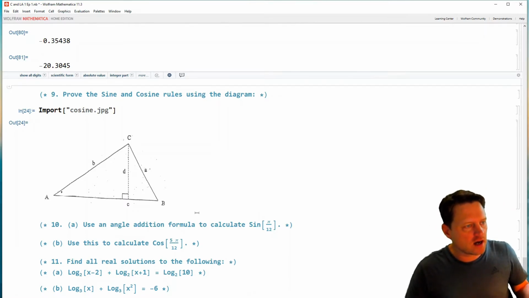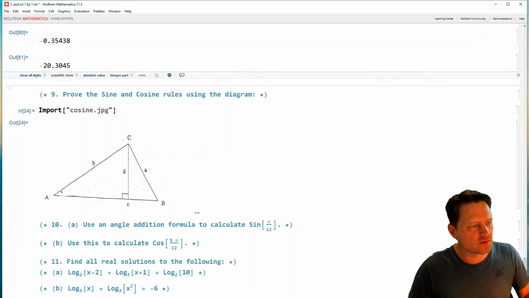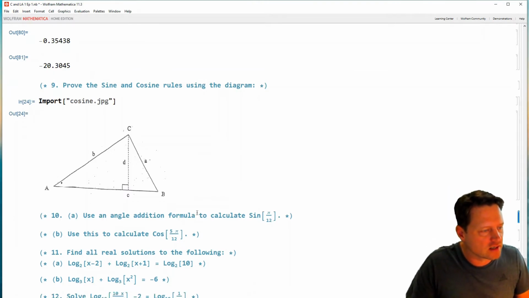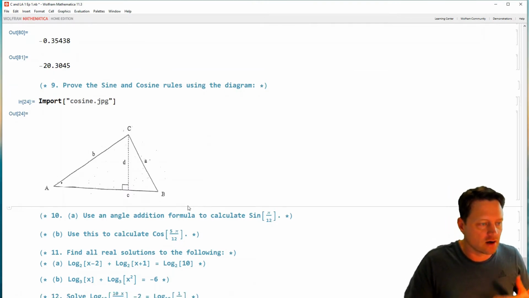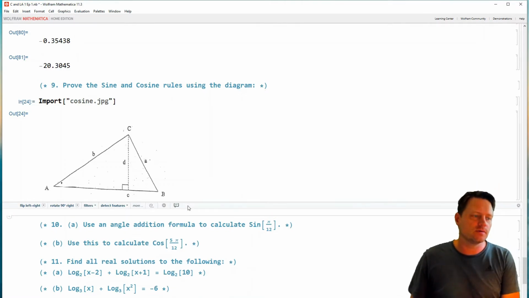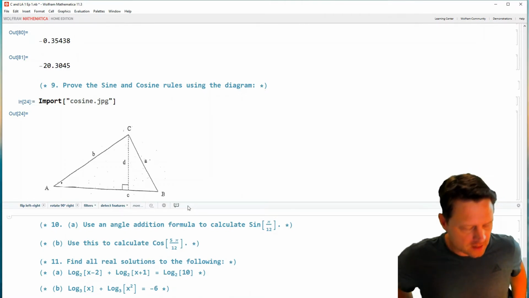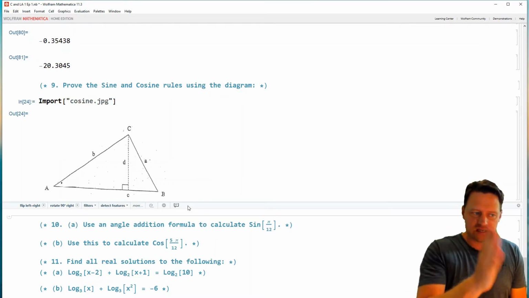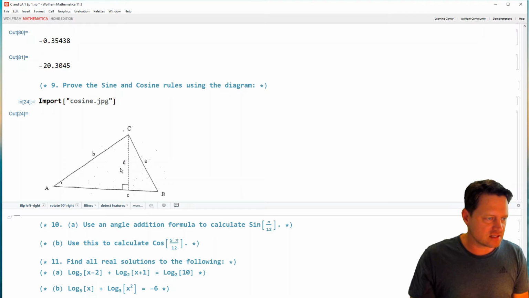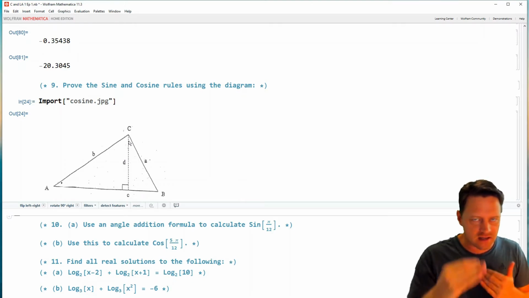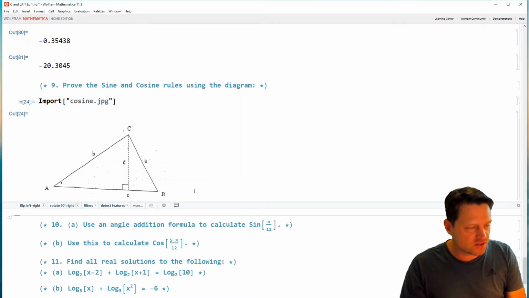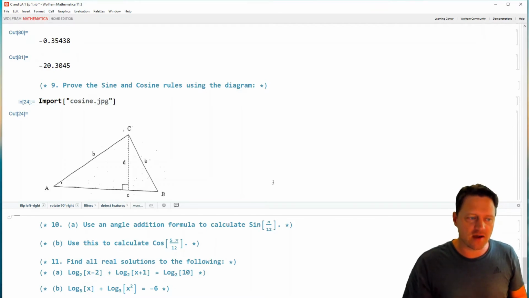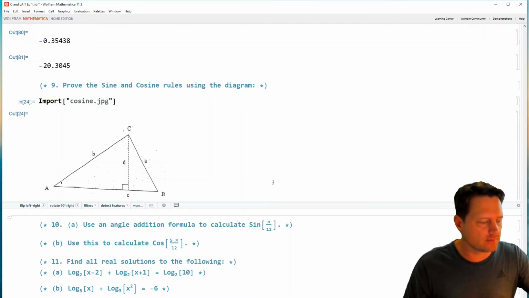Okay, so prove the sine and cosine rules. Our aim here is first to prove the sine rule. We want to represent the lowercase d, the vertical dotted line, the length of that segment, in two ways. And if we have it in two ways, those two ways are equal.